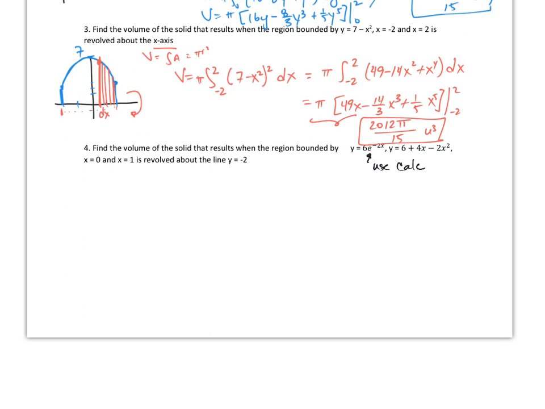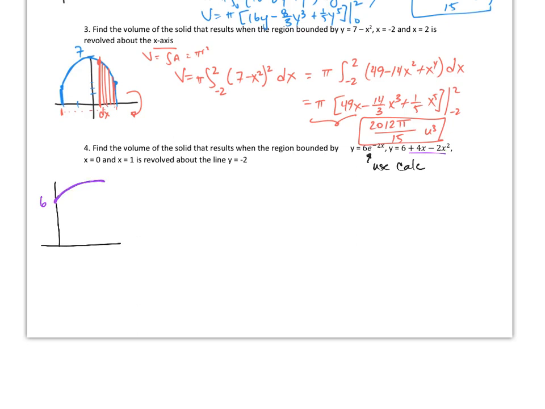All right, so the first step is, let's see what we're looking at. When I graph this, this is going to be up here at 6. Let's use another color here. At 6, and you will get this as being your top curve.